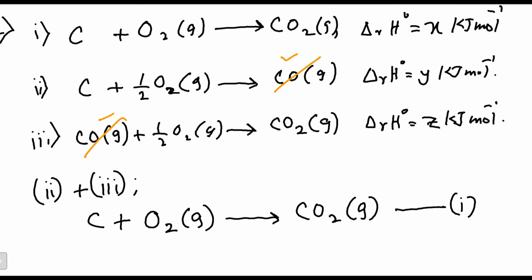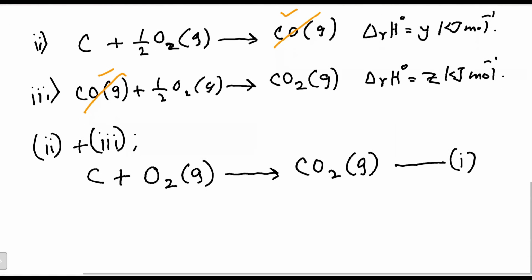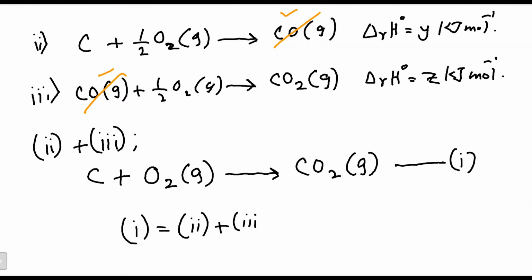This is how you have to arrange the equations in order to get the correct algebraic relation. So we have got equation 1 equal to equation 2 plus equation 3.